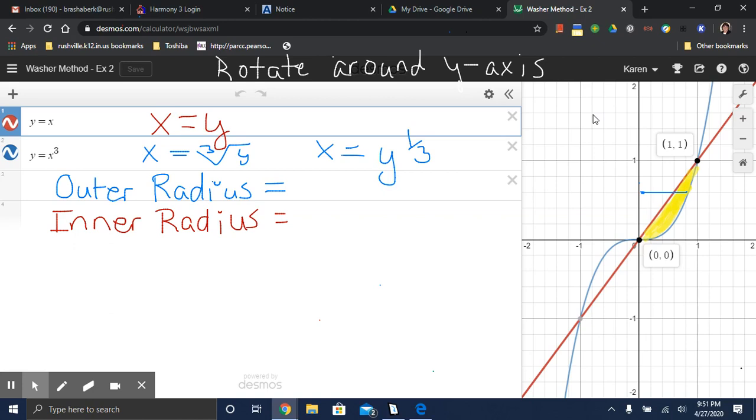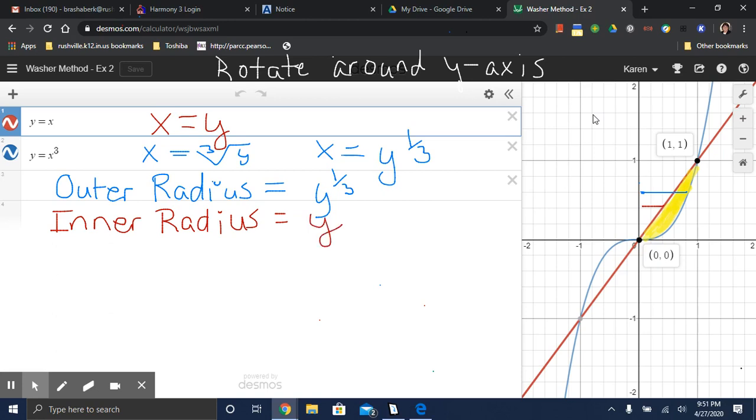So from the axis of revolution all the way through the region, and that would be described by our cube root, so y to the 1/3 power. And then the inner radius on this one goes from the axis of revolution to the beginning of the region. And so that would be our line. And so that is y.